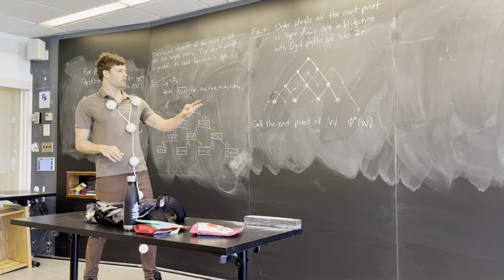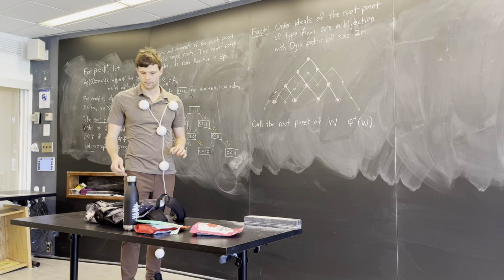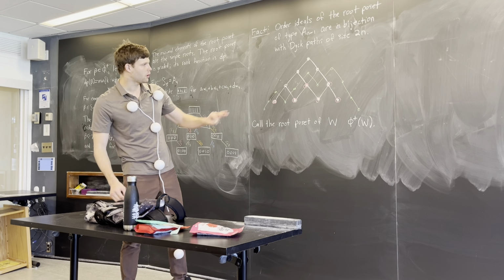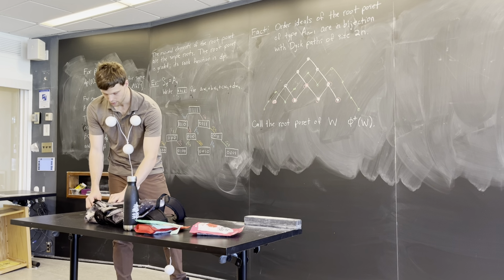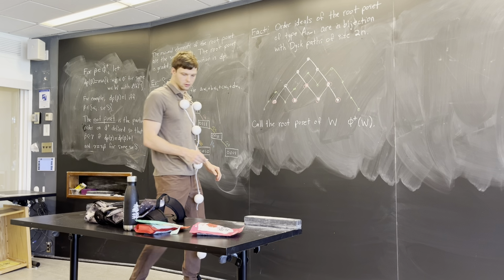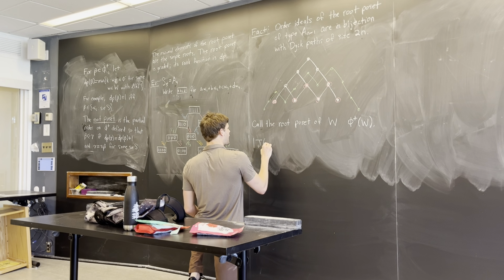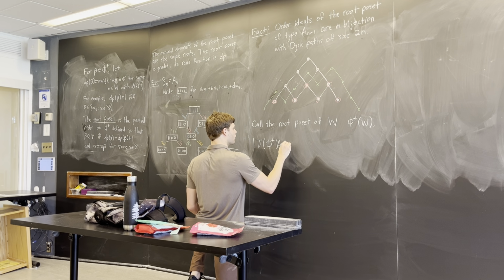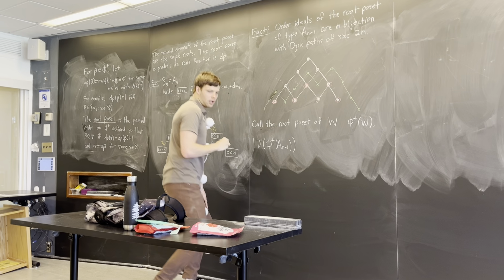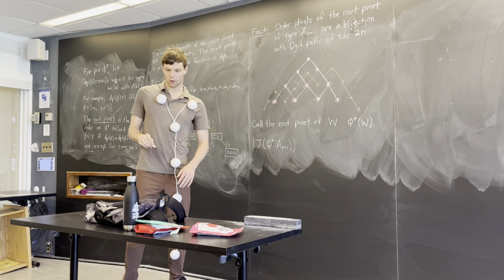So it's just the set of positive roots, but thought of as a poset. So as a consequence of this, the size of the lattice of order ideals of the type A, so n-1 root poset, or do I want A sub n-1?